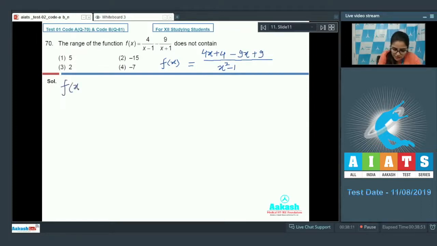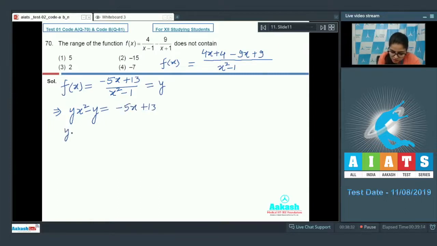So f of x is equal to minus 5x plus 13 divided by x square minus 1. Just let it be y and cross multiply. You will find yx square minus y is equal to minus 5x plus 13. So yx square plus 5x minus y minus 13 is equal to 0.